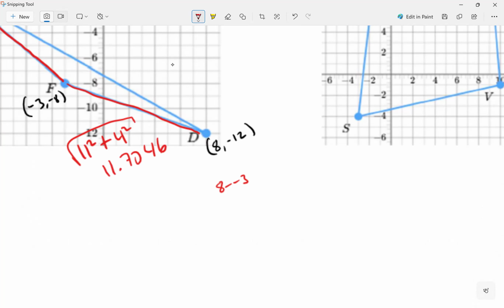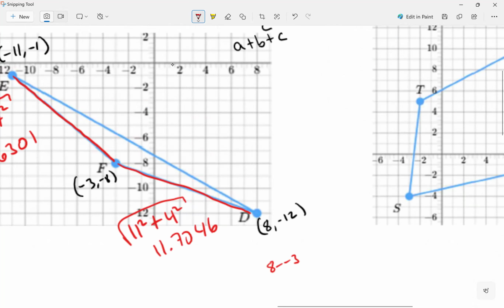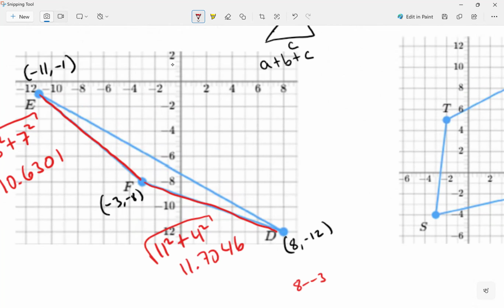I know after the 6 there's a 9, so some people might call it 11.7047. No, I'm not rounding, I'm just copying the first four decimals. So the distance between F and D, I'm gonna call it 11.7046.